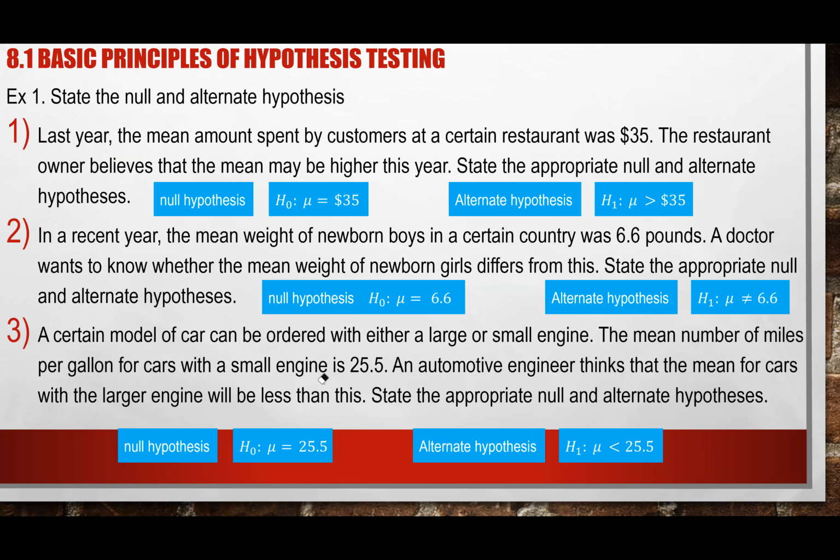So in 8.1, the questions are: can you state the null hypothesis and the alternate hypothesis, H sub 0 and H sub 1, using the value given in the problem?